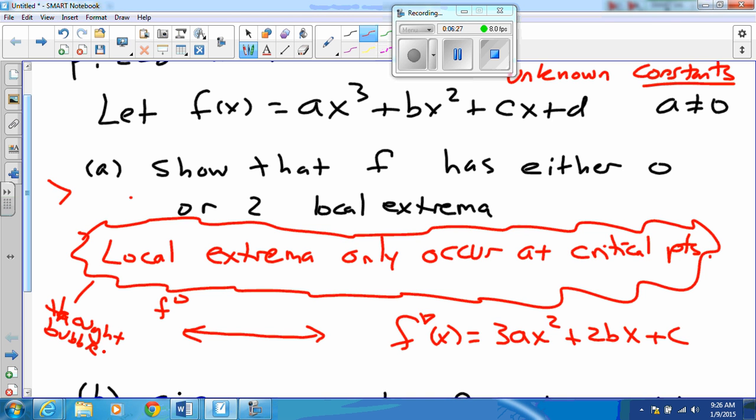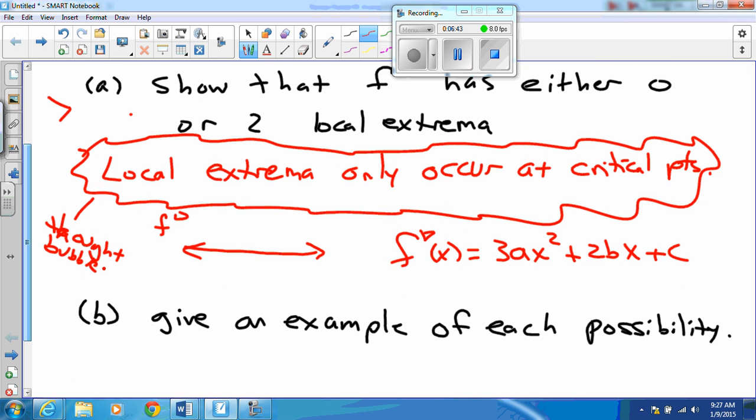Yeah, that's exactly it. I've got a derivative. Now that I have a derivative, what further action can I take in relationship to my theorem, local extrema only occur at critical points? Set it equal to 0, that's exactly right. So I take this guy and I set it equal to 0.